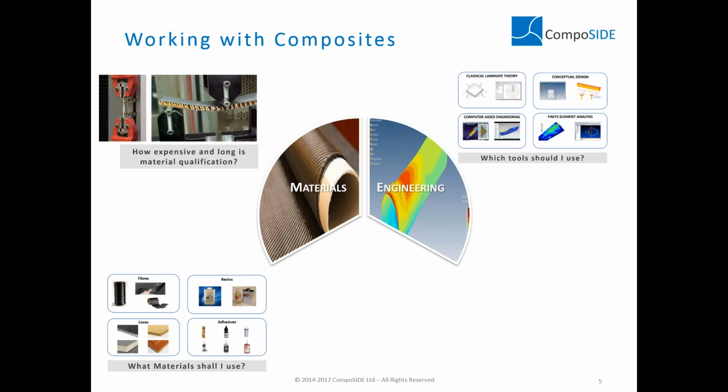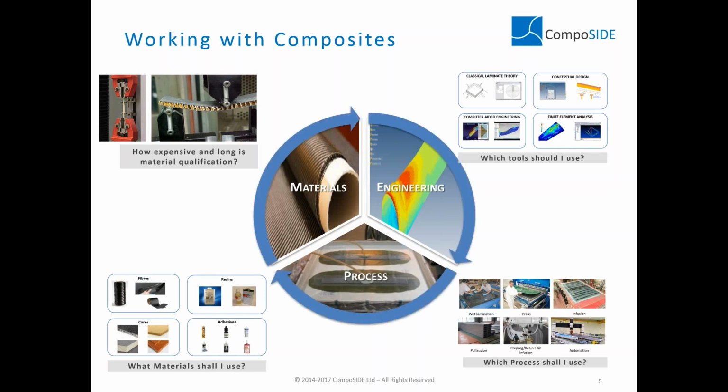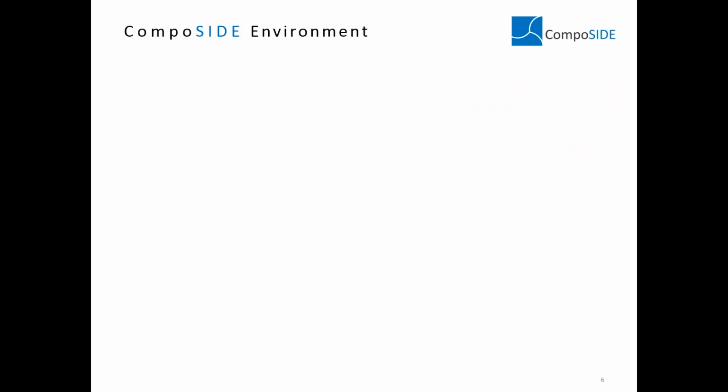It's around engineering, and that's where we'll focus our discussion today on the tools, and the CompoSIDE desktop client is one of the tools that can be used to develop your application. And finally, it's around the process. Those 3 elements, material, engineering, process, are required to get a good control over your composite development.